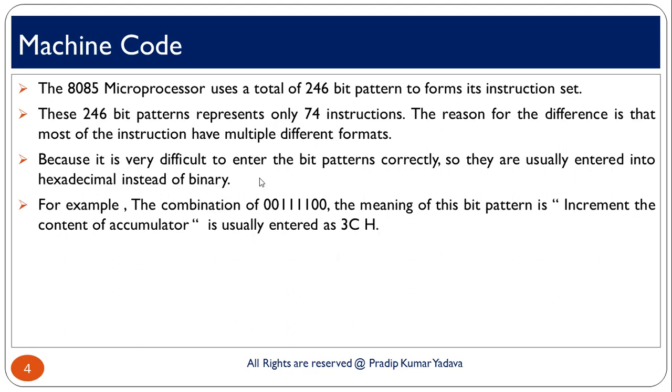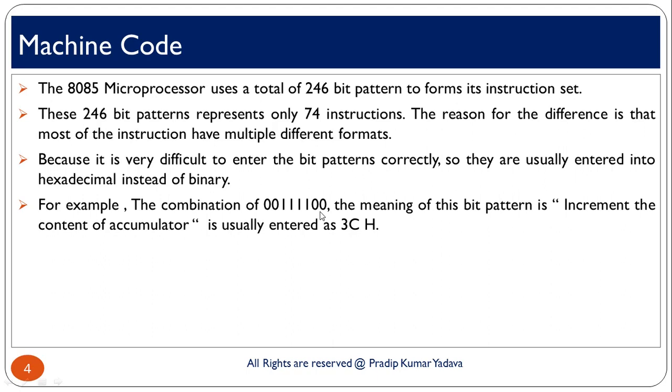Now, I am giving an example. You can see here written 0011 and 1100. The meaning of this is increment the content of the accumulator. This is very easy for the machine to understand. But for a programmer, or a third person, it is not easy to understand the meaning of this.